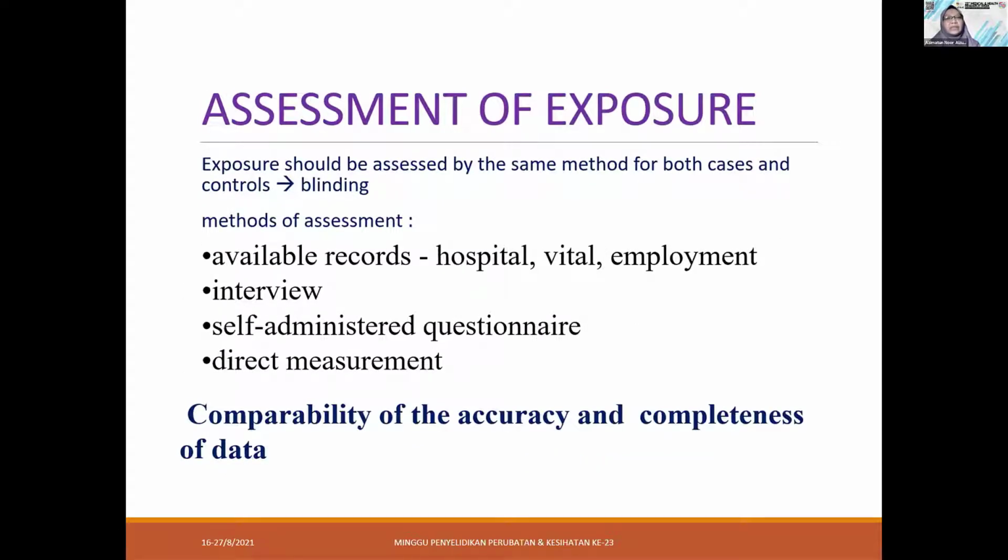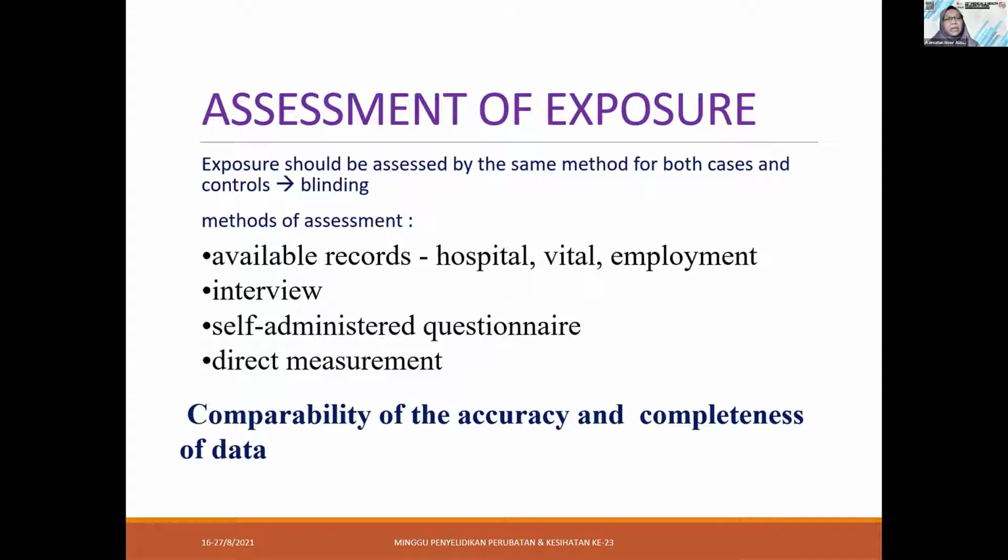Then in terms of assessment of the exposure, exposure should be assessed by the same method for both cases and controls. Yeah, this is called blinding. Yeah, so methods of assessment: available records, for example hospital records, vital signs, employment, etc. Yeah, okay, we also can do an interview, a self-administered questionnaire, and also a direct measurement.